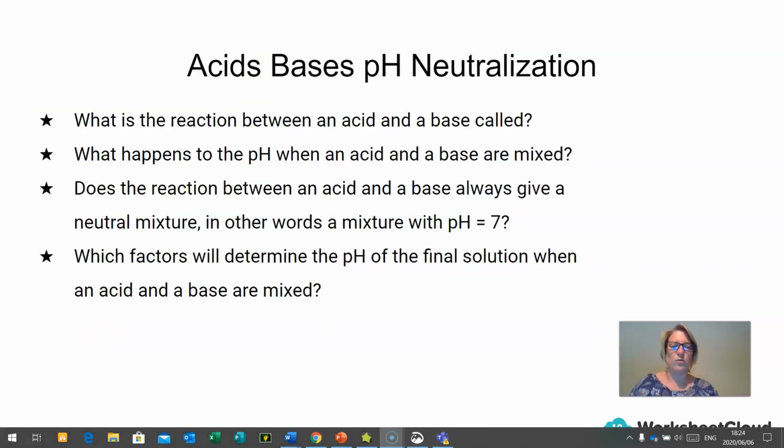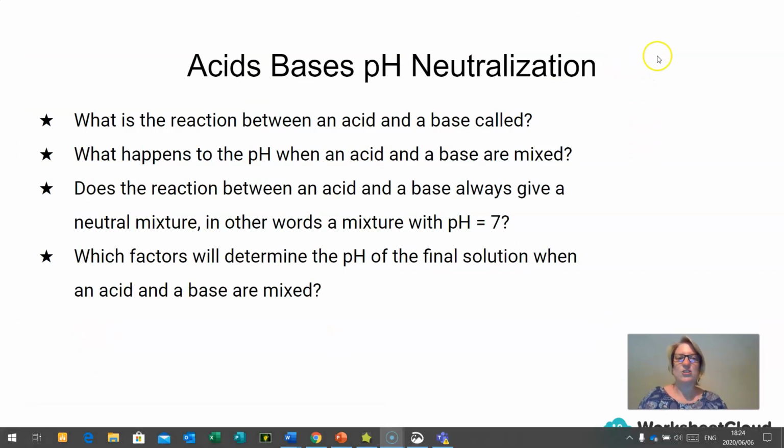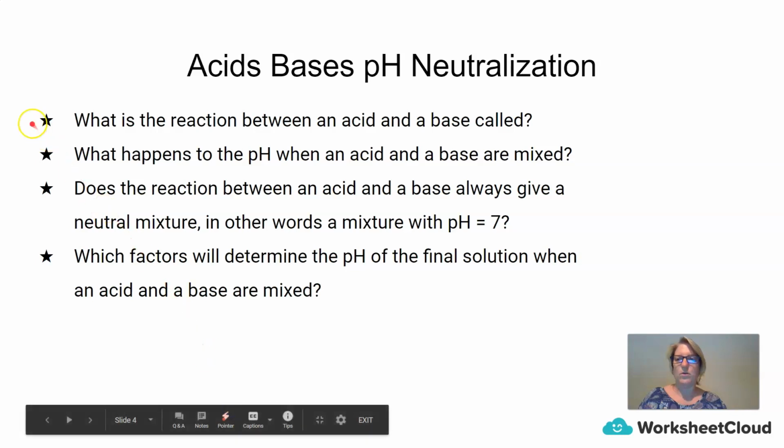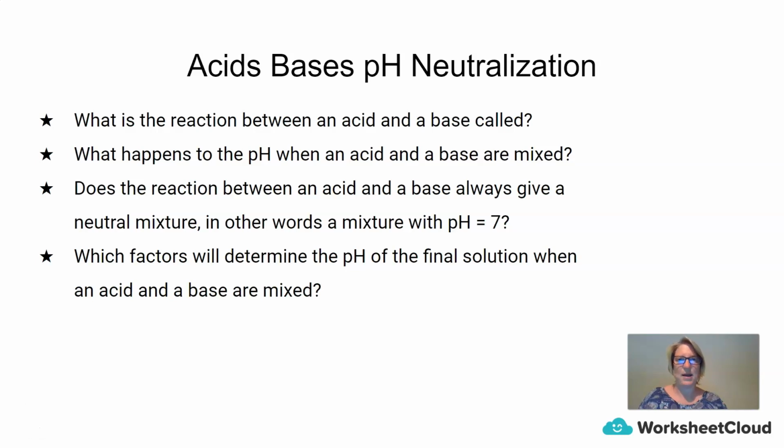So to start off, our lesson is going to cover the work involving acids, bases, pH, and neutralization. Firstly, we're going to have a look at what the reaction between an acid and a base is called.